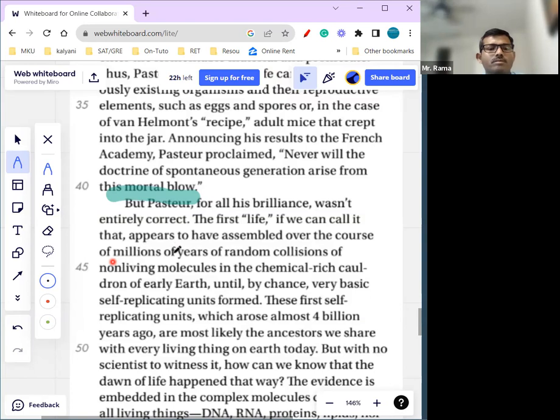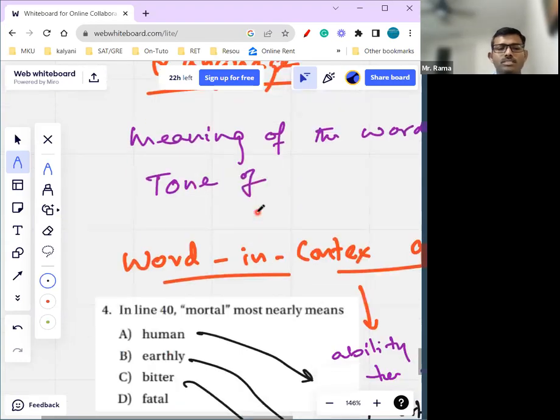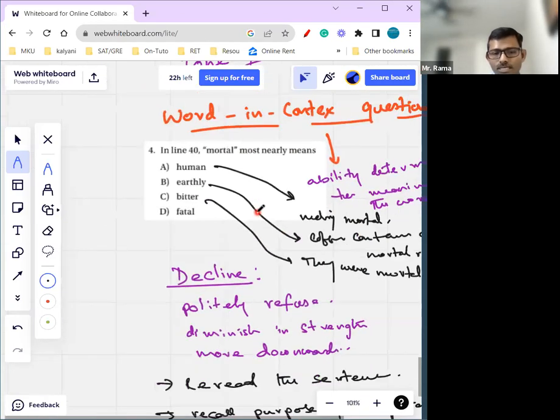If you look at it close to here, "and then never will the doctrine of spontaneous generation arise from these mortal blows." So this means the doctrine is dead, like an opponent who has been struck with the sword. Okay? So in that case, the context says mortal means fatal. So the right answer is D, because of the contextual clues.